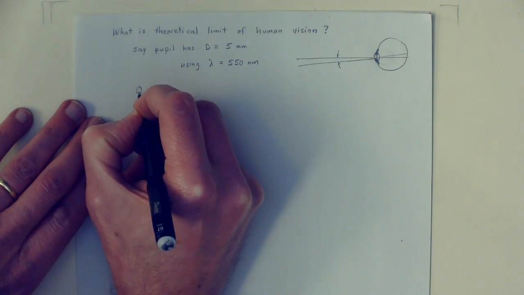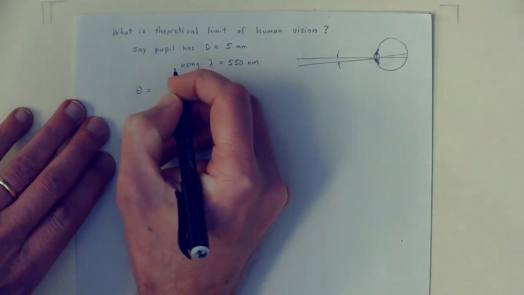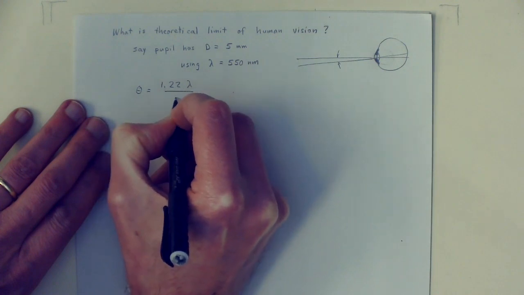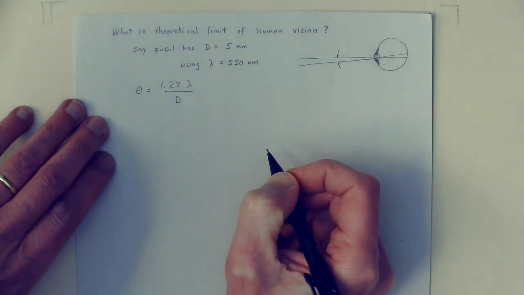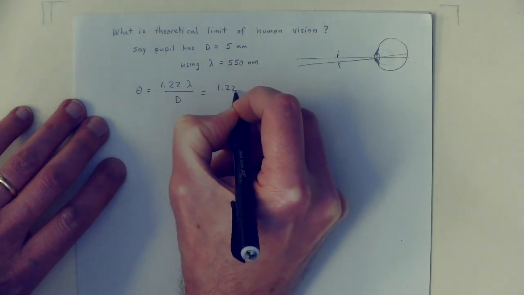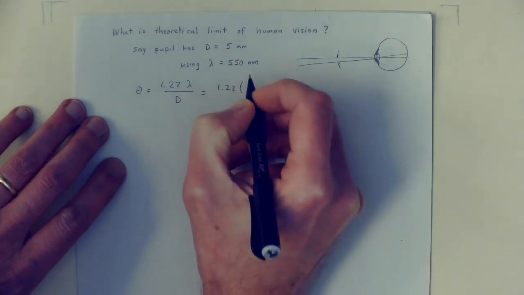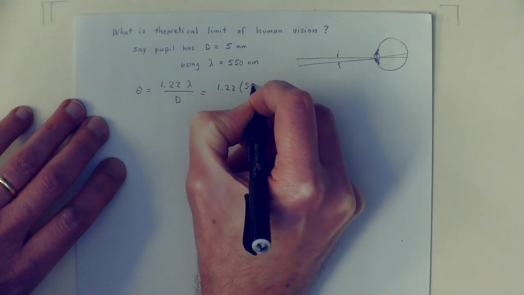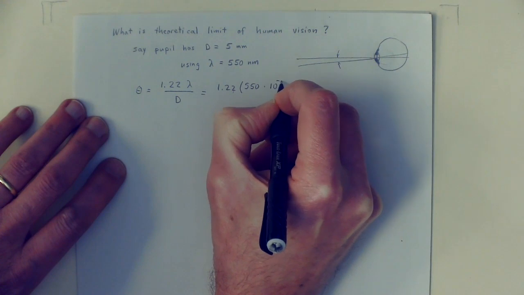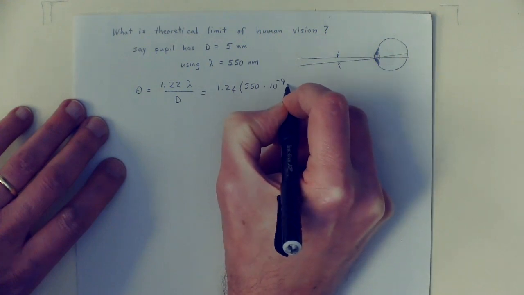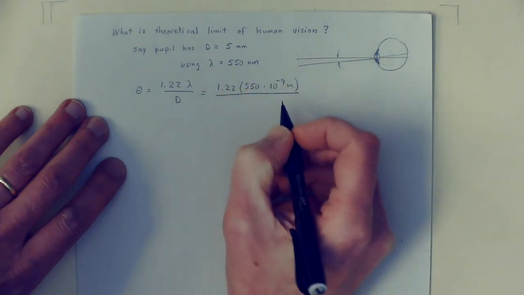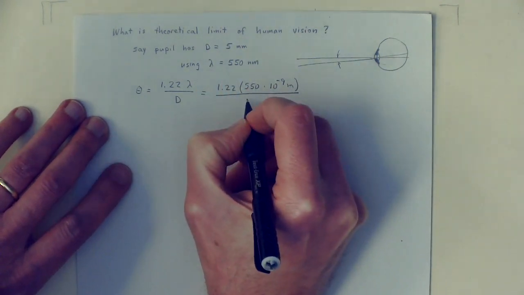So if we calculate that for human vision, we use this formula, 1.22 lambda over d. This is the Rayleigh criterion. So put in the numbers: 1.22, and then lambda is going to be this 550, but that's nanometers, so we have to multiply by 10 to the minus 9 to put it in meters, and then divide by the aperture diameter.